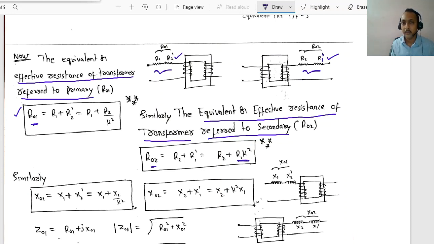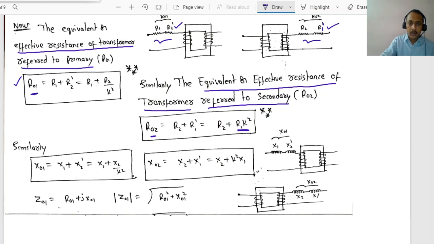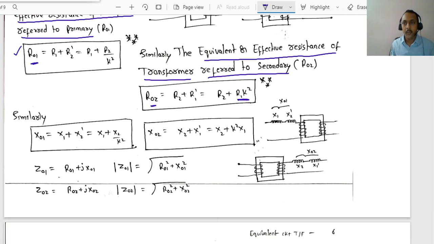Clear? Good. The same analysis is applicable for reactance also. Now what about reactance? How do you understand this X2 dash? You have brought the secondary side reactance towards the primary.